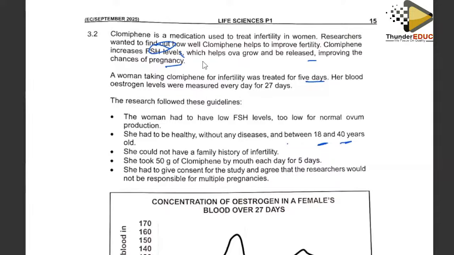Those are the questions we're going to be asking you. She should not have a family history of infertility. She took 50 milligrams of clomiphene by mouth each day. Okay, she had to give consent. All these are guidelines and precautions you take in the planning stages: validity, liability, all those, you'll see that they are in here.